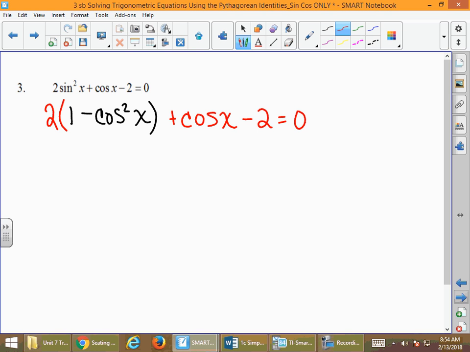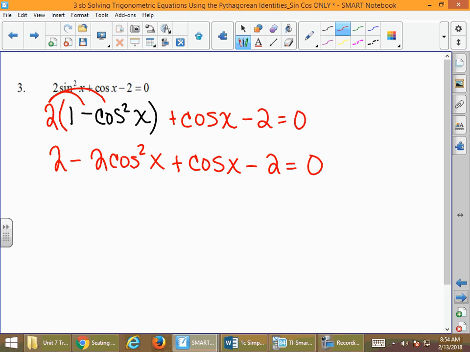And now what we have is all cosines in there. It looks a little bit complicated. But let's start by distributing. We get 2 minus 2 cosine squared x plus cosine of x minus 2 equals 0.